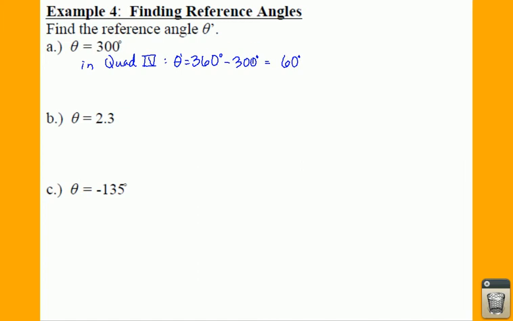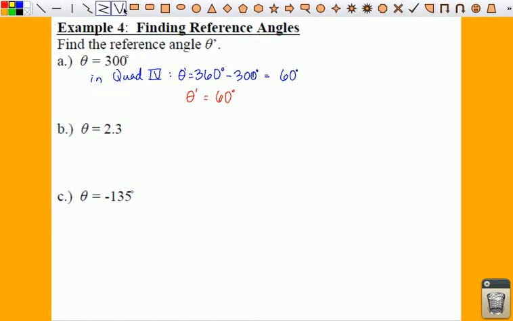So your reference angle, theta prime, is 60 degrees, and that will work out because you have an angle that is less than 90. It's an acute angle.